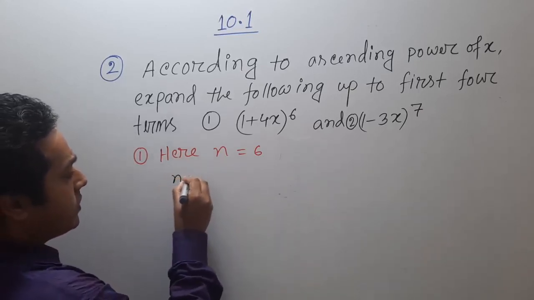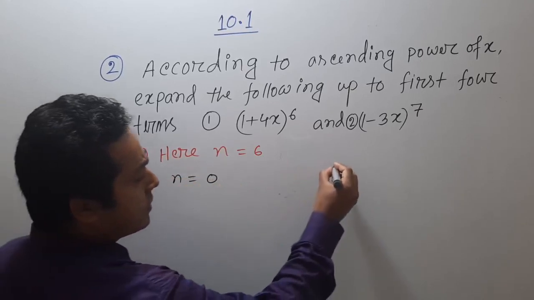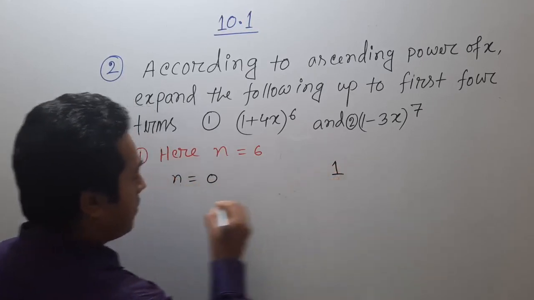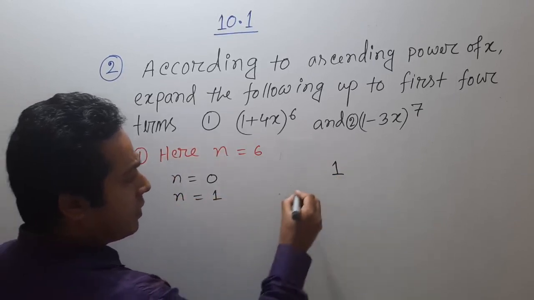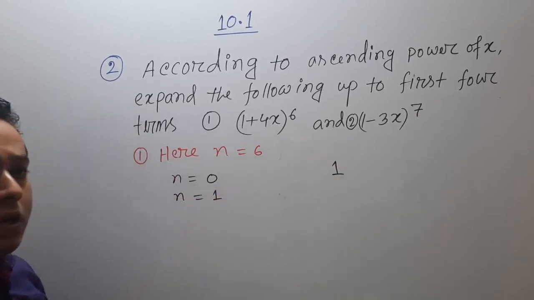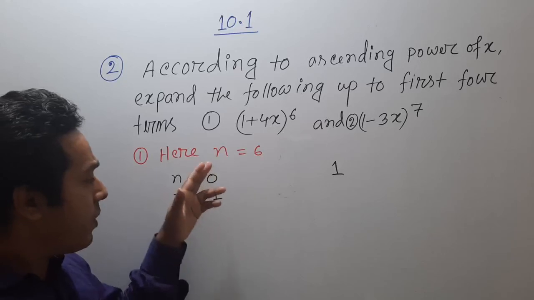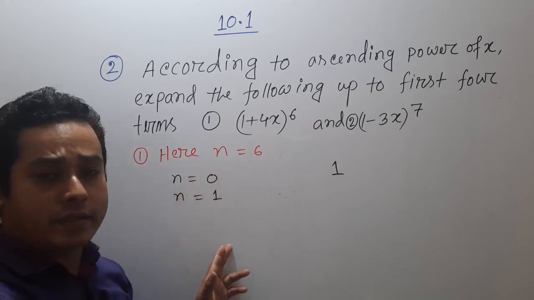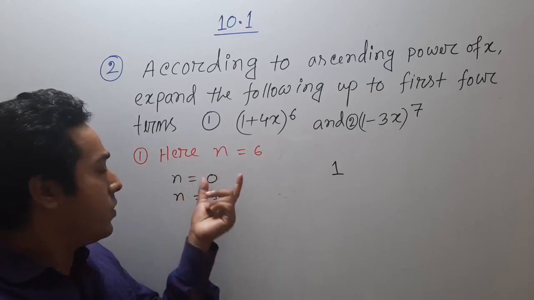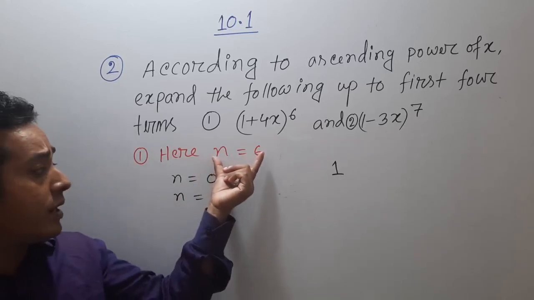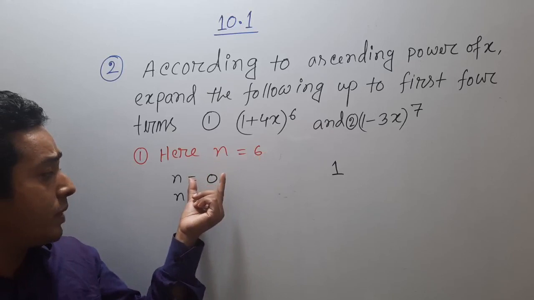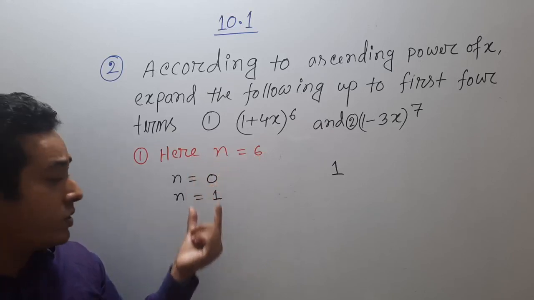For n is equal to 0, it is 1. For n is equal to 1, it is 1 and 1.